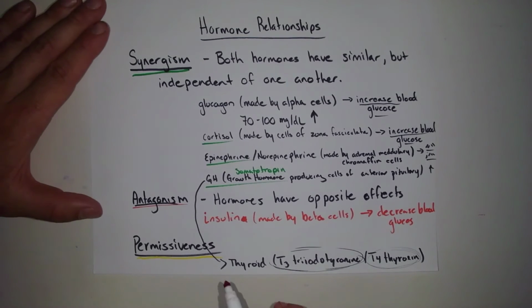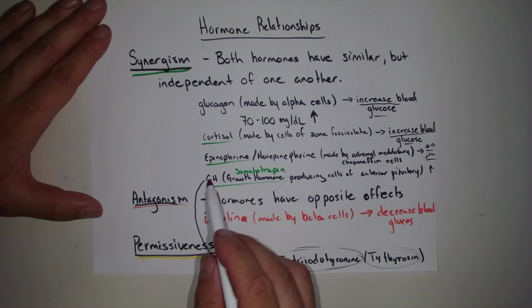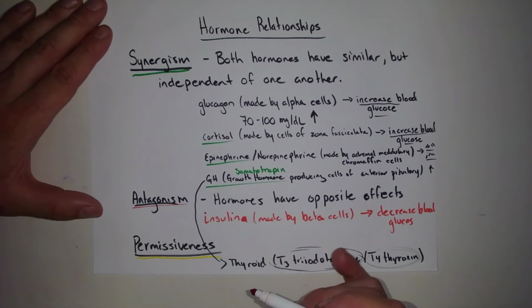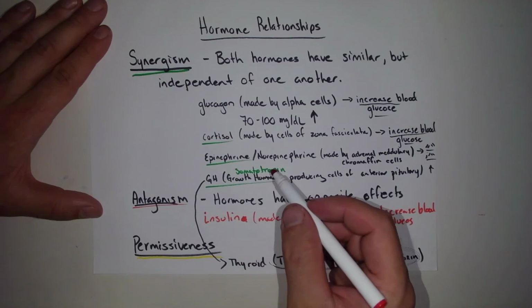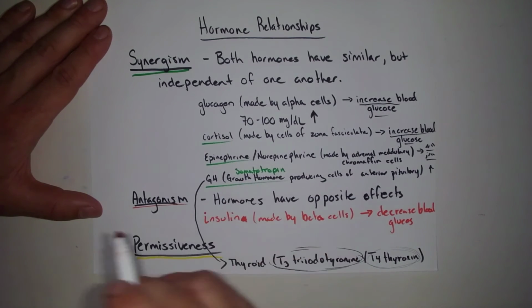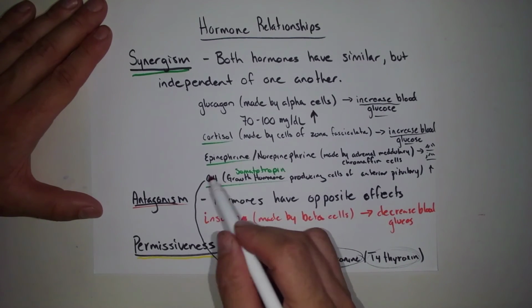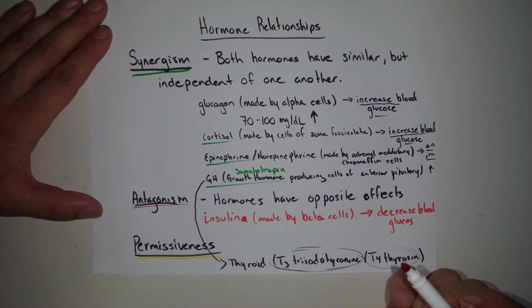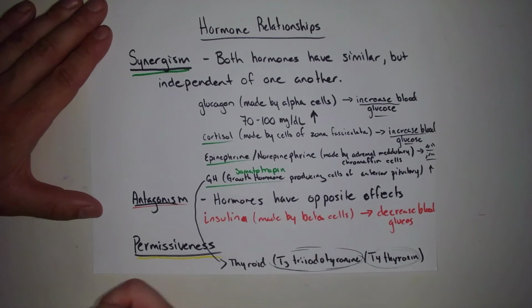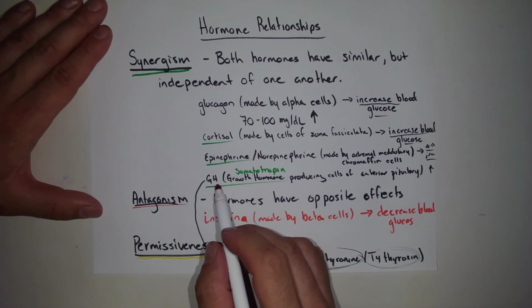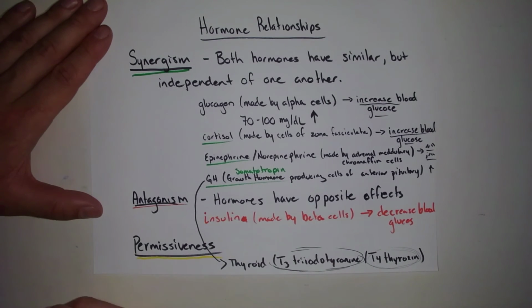But growth hormone cannot work to allow somatic cells to change how? To grow. It can't work properly if thyroid hormone isn't present. Now, it can still do things like raise blood glucose, but as far as its function on growth and development, it will not work unless thyroid hormone is present.